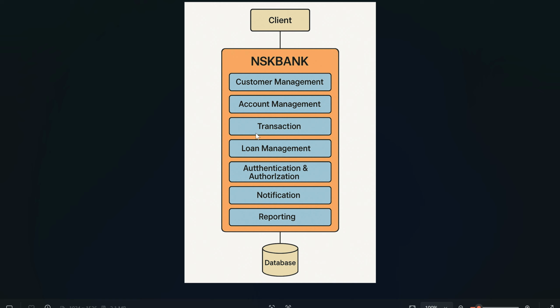For example, let's say I have a loan management module, and a new framework came, and I want to develop this loan management module using Python. It is not possible in a monolithic application, because from the start you are developing the application using Java only. You can't suddenly introduce Python in between, because the modules are tightly coupled.